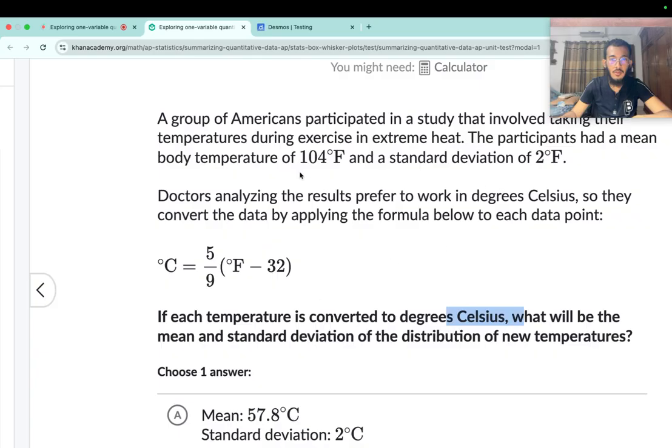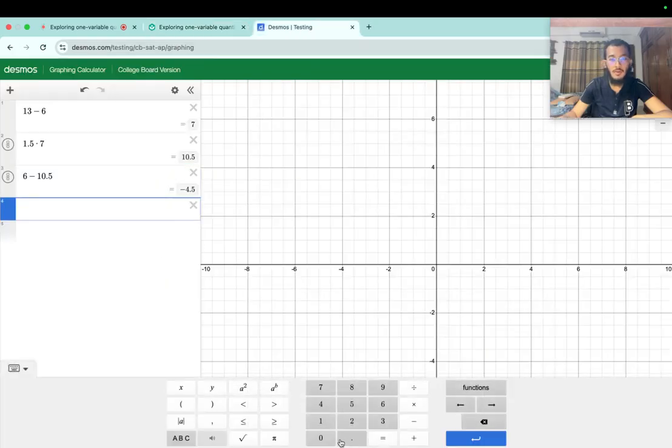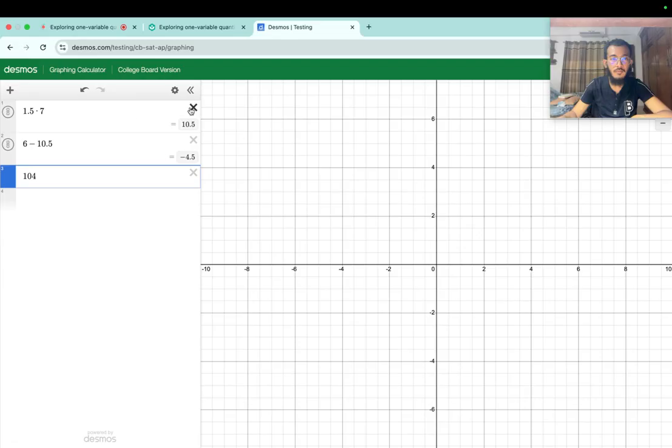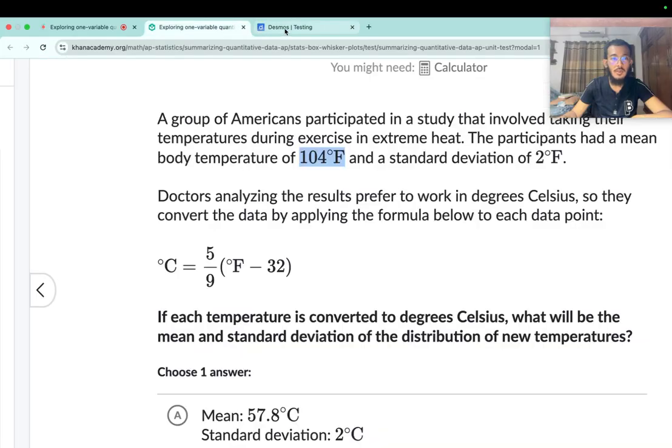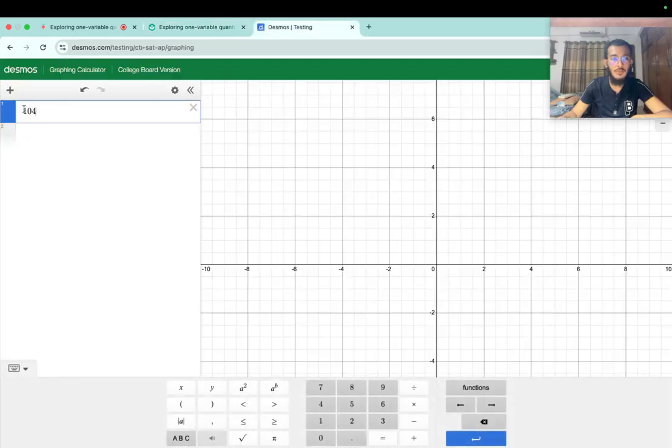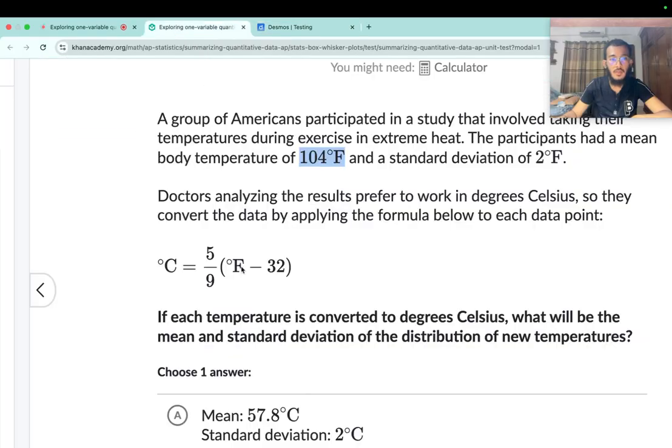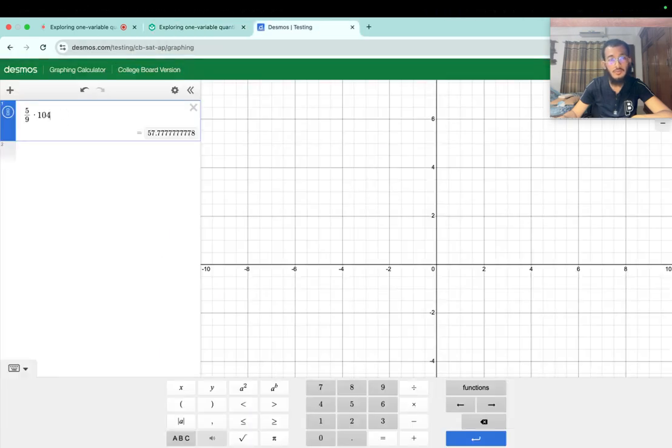Okay, so we had a mean of 104. If you multiply this by 5 by 9, so 5 by 9 times 104, and subtract 32.